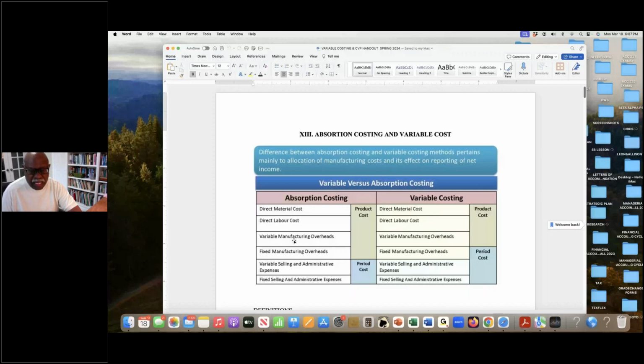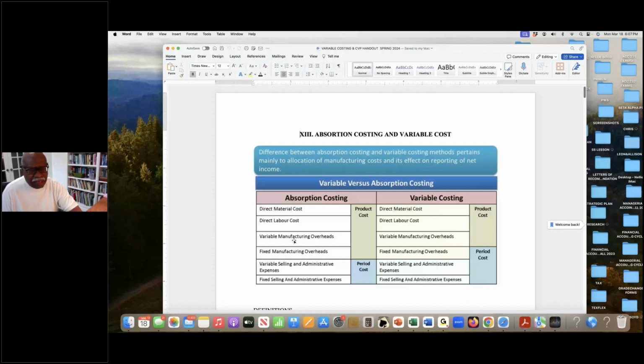And it can also be some variable selling expenses. Then manufacturing overhead can be fixed and selling and administrative expense will be fixed. What we will probably do is make all the overhead fixed to eliminate, you know, calculation issues, and all of the selling expense will be variable.